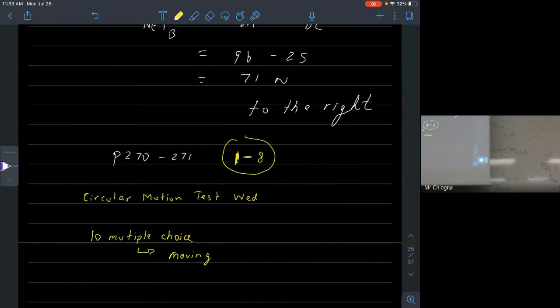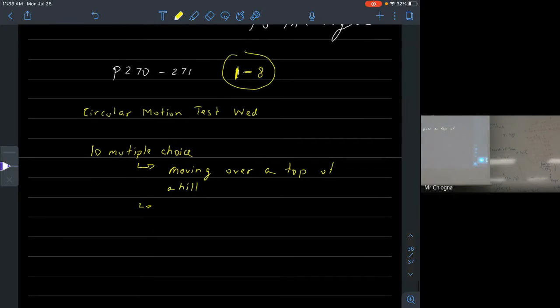I would know moving over the top of a hill. Cover that problem. Cars moving around a corner.